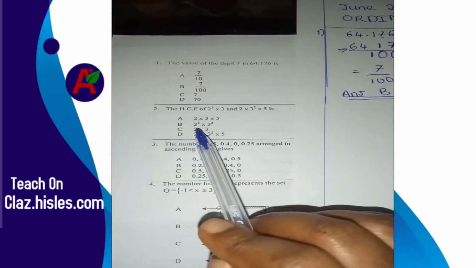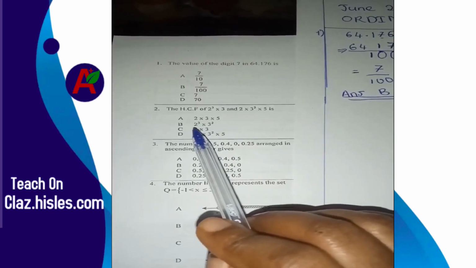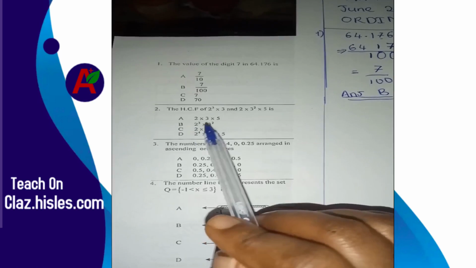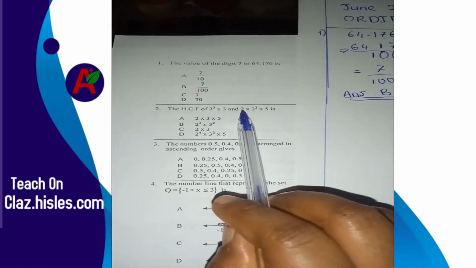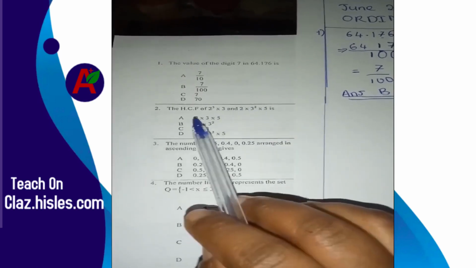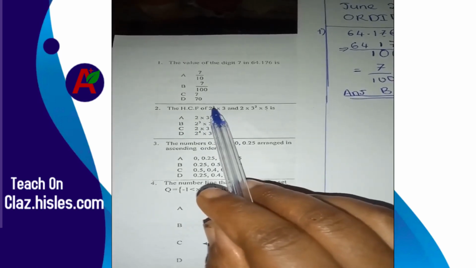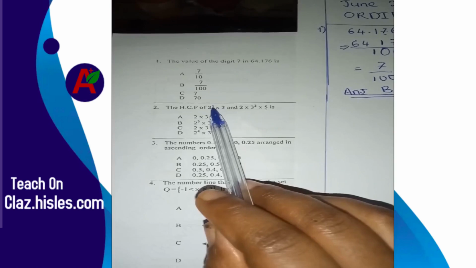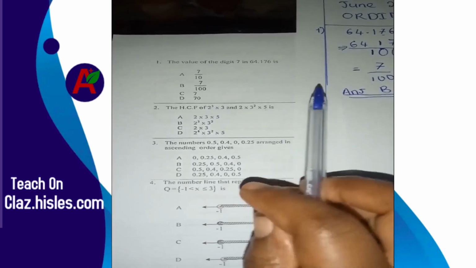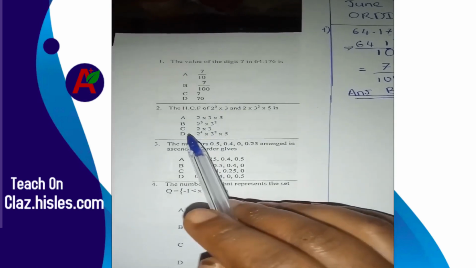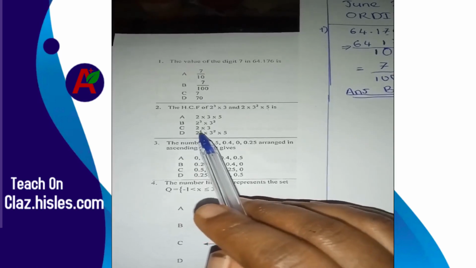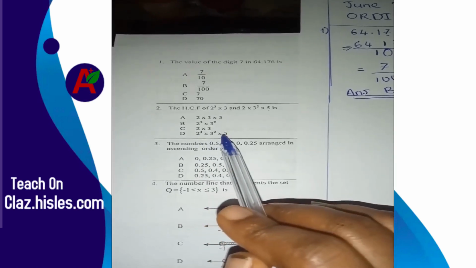Whenever you don't see an exponent, that's one time, so it's 2 to the power 1, 3 to the power 1, 5 to the power 1. Whenever we don't have an exponent on the value, it goes to the power 1 by default. And then we have D, which is 2 to the power 4 times 3 to the power 2 times 5.